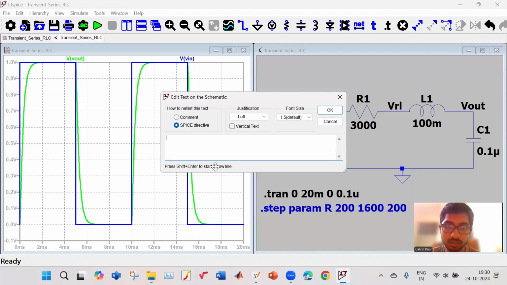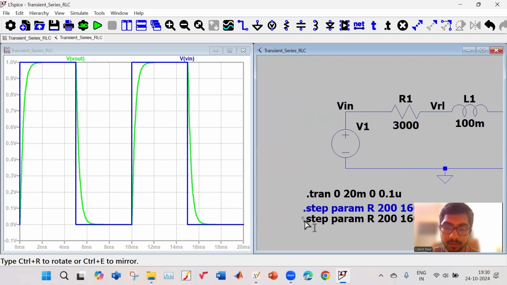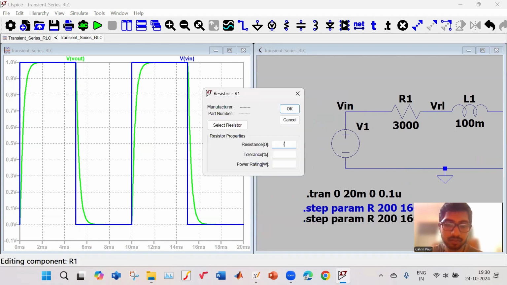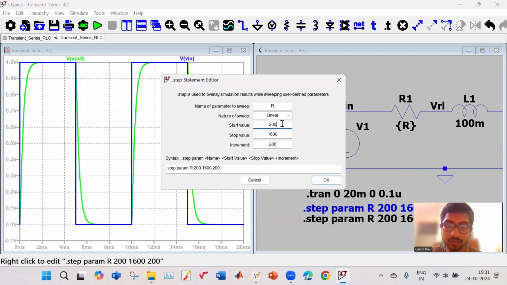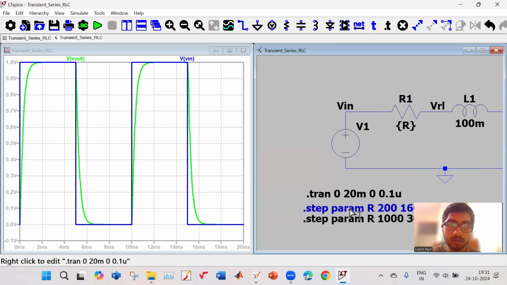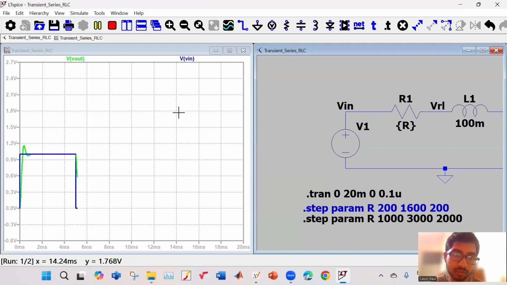So put a sweep on. So we will consider three cases. I have given a command which basically will get 1000 ohm for an underdamped case, and then 2000 for critically damped case, and 3000 for the overdamped case. So let me run the response.